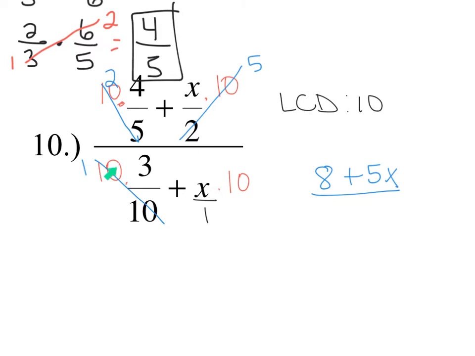And then 1 times 3 is 3. And in the last fraction, 10 divided by 1 is just 10. But then I have to multiply that by the x, so that's just 10x. So that gives you the same answer that we got when we did method number 1, just a little bit shorter of a path to get there.